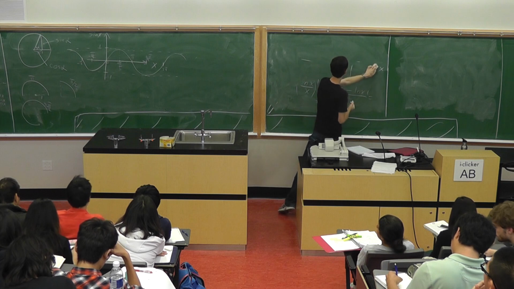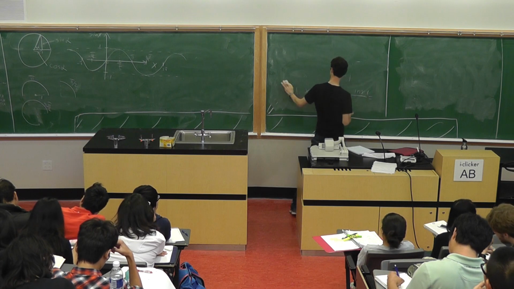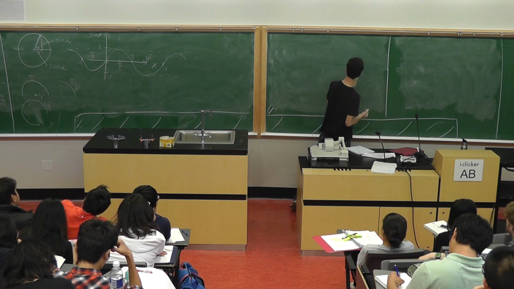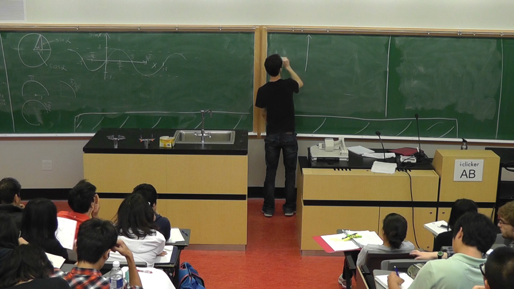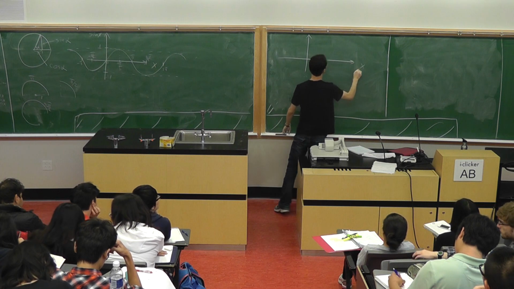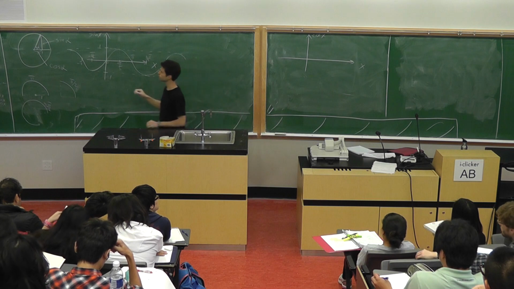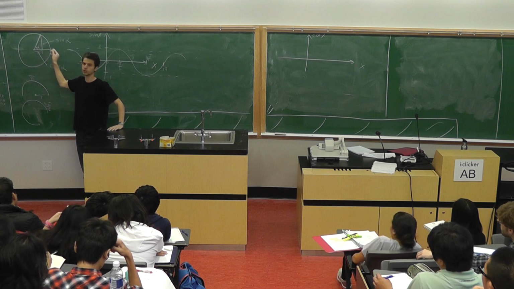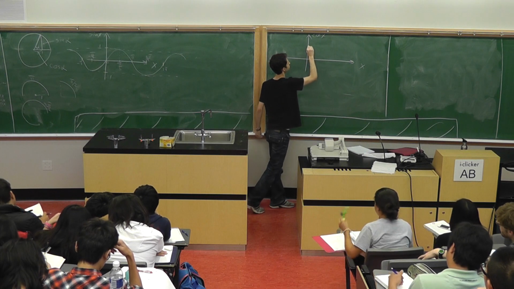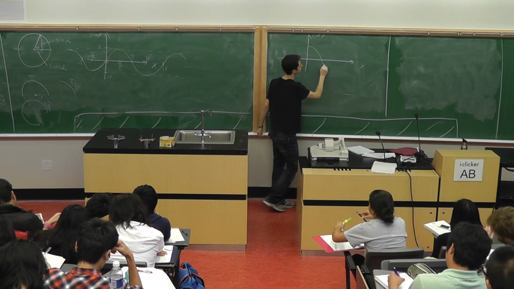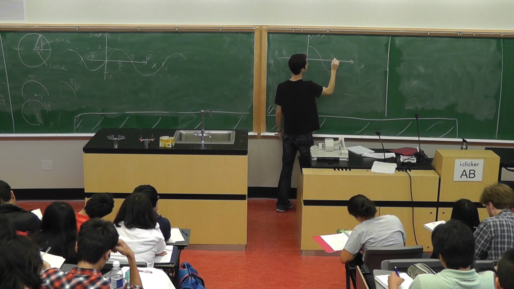There is a similar picture for cosine of x. When x is 0, cosine is 1. Then it starts decreasing a little bit, then it drops all the way to -1 at pi.